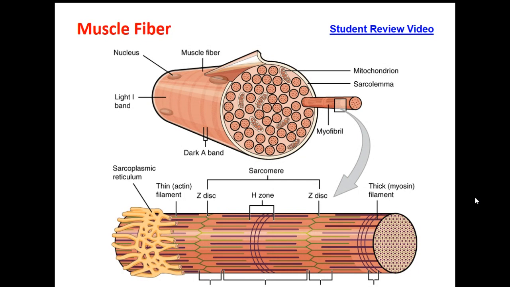But this actually runs the whole length of the muscle cell. So this myofibril is what can get shorter. All these myofibrils will get shorter at the same time, and that'll cause the muscle cell to get shorter. And so when the muscle cells get shorter, the whole muscle gets shorter. That's how we flex our joints.